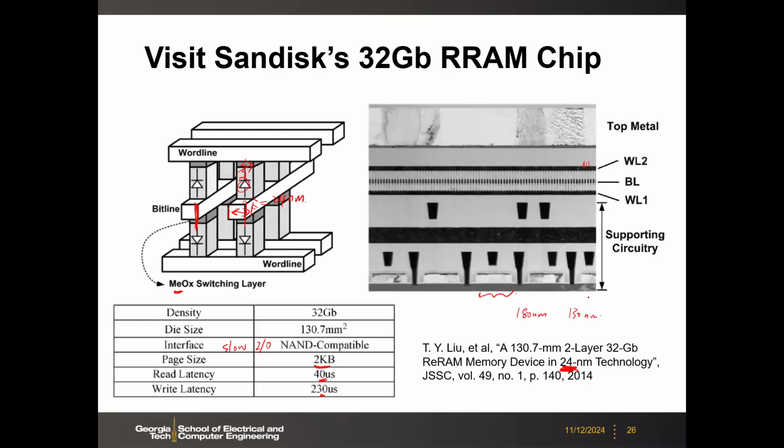Of course, they didn't disclose what CMOS technology they use in the paper, but I would suspect it's old technology because from the dimensions, you can see those transistors are huge. So this is the supporting circuitry, that means peripheral circuits, fabricated in very old CMOS. Okay.